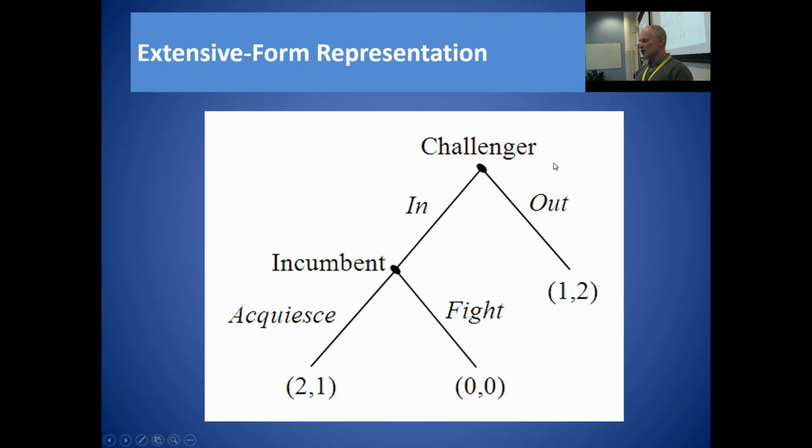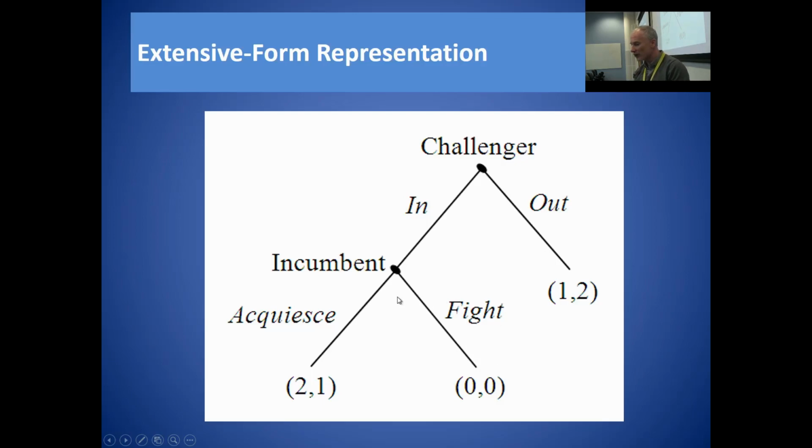However, if the challenger didn't choose out, but rather chose in, then we come to the incumbent's choice node. Then there's a decision for the incumbent to take. Does it acquiesce or does it fight? Does it concede the market to the challenger or does it choose to fight?